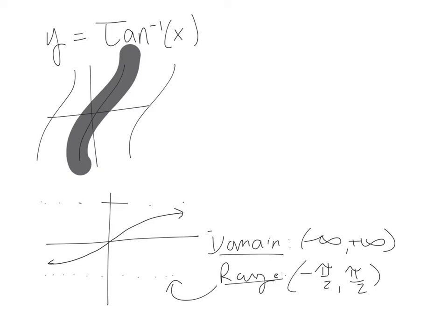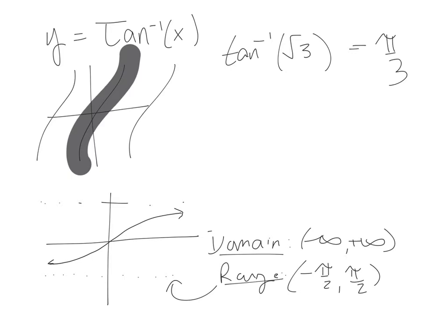Like the nice values cap at pi over 3. So if you were asked what's the inverse tangent of root 3, well, think about where root 3 would be in the unit circle. We know that it would be pi over 3.